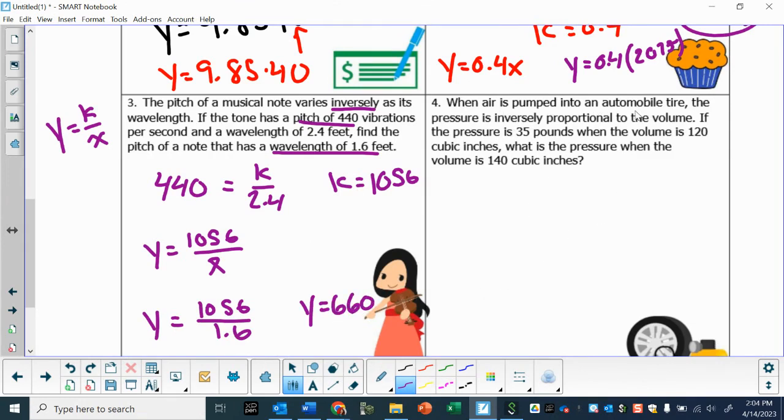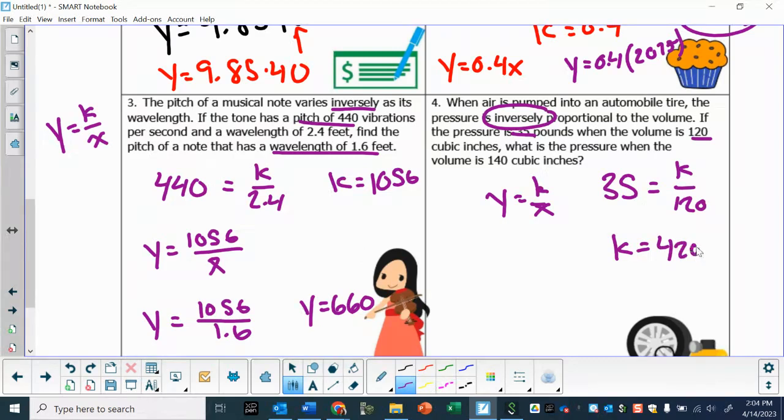When air is pumped into an automobile tire, the pressure is inversely proportional to the volume. The pressure is 35, is inversely proportional to the volume, which is 120. To find the constant of variation, 35 times 120 is 4,200.